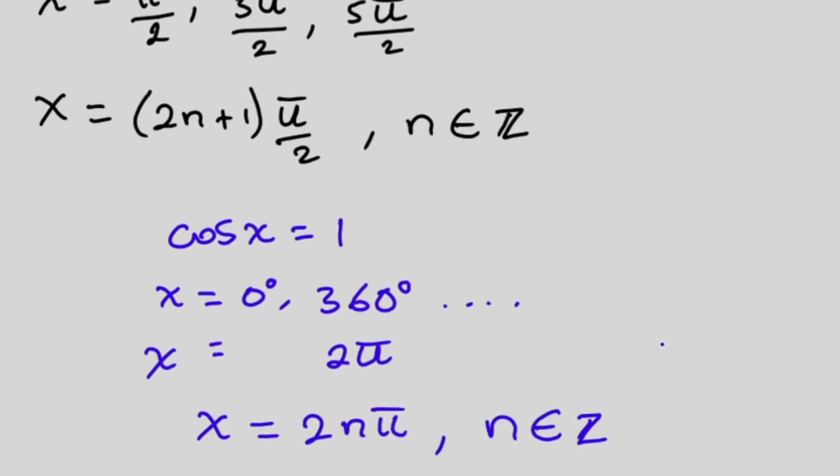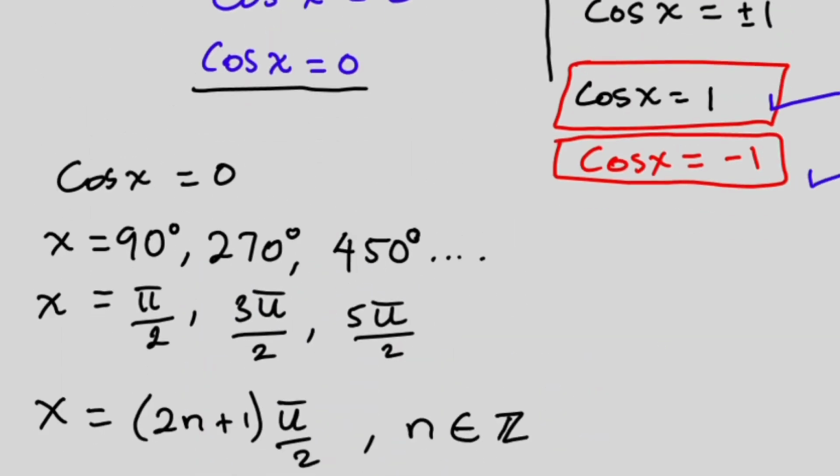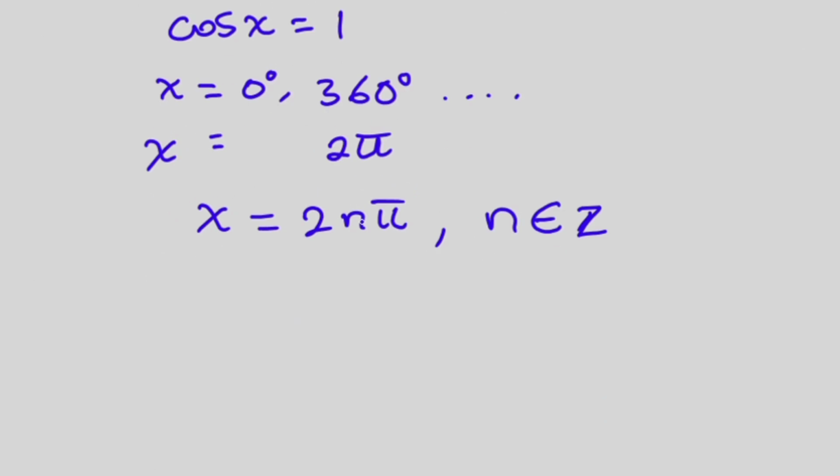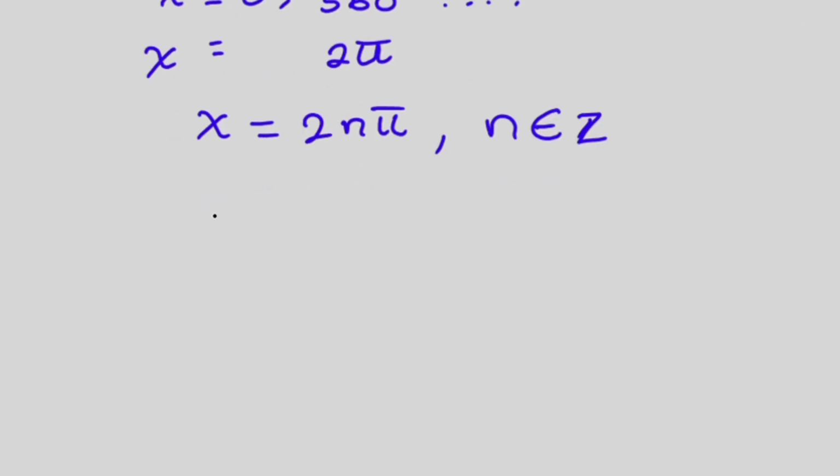Then the last equation, which is cos x is equal to -1. So from here, if x is equal to 180 degrees, we find a solution to the problem, because cos 180 degrees is -1.